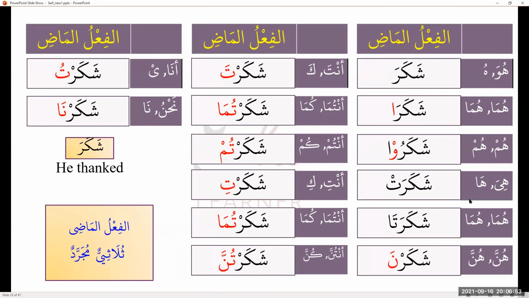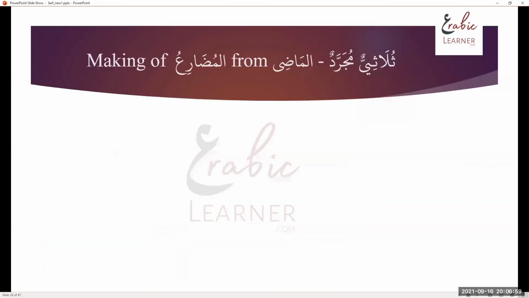So Shakara. This way you do the conjugation. What is important is there has to be a starting point somewhere. That starting point in Arabic language is Hua. Once you know the Hua form of any word, you can find out all the 14 possibilities. So if you know the Hua of any word, for example, Kharaja, which means he left, you will know the feminine form of that, Kharajat.